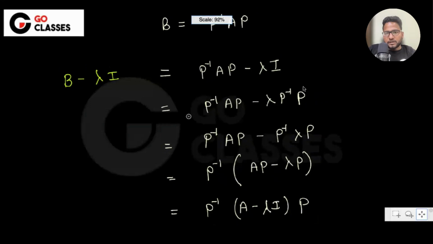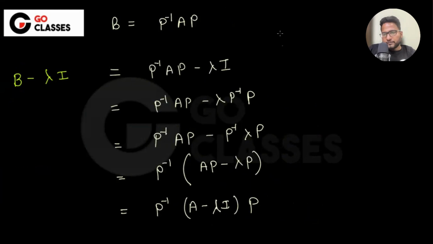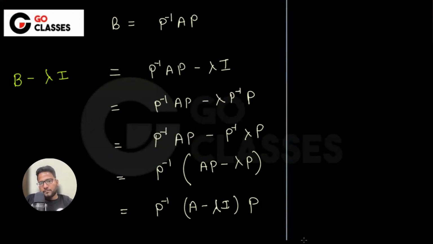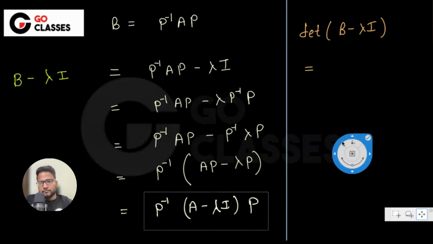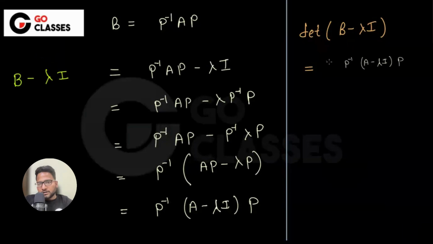B minus lambda I looks like this. Now, can you tell me if you take the determinant of B minus lambda I, how it will look like? Determinant of B minus lambda I. Can I say it is the same as determinant of this whole thing? Is this fine to everyone?